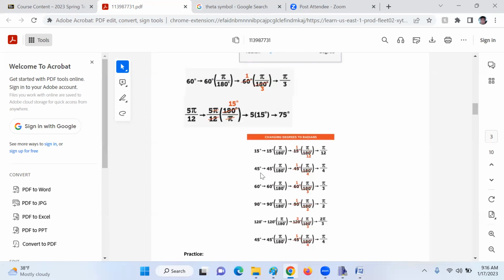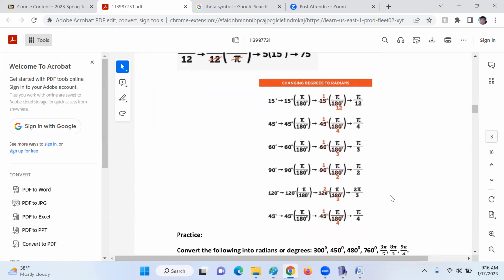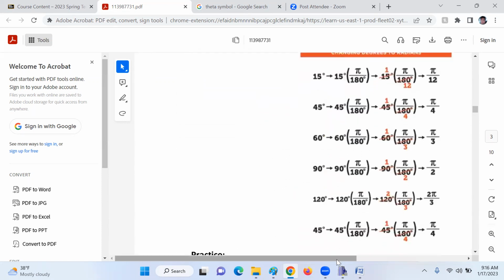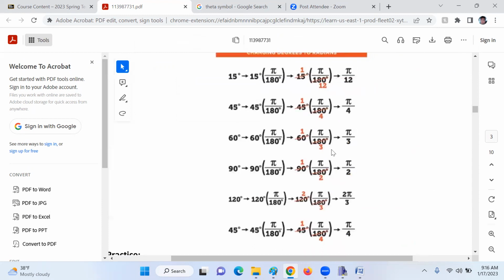Let's say 45 degrees, then you convert it and make it equal to pi over 4, and so on. I believe it's important for some of the angles that you see right there. I would like you to keep in mind that 45 degrees is pi over 4.